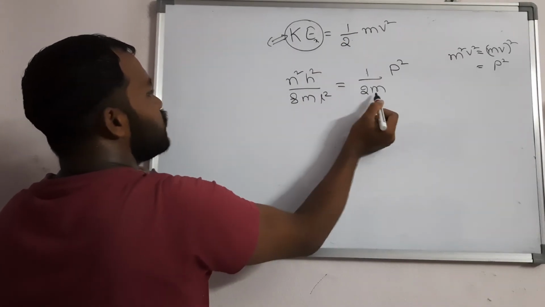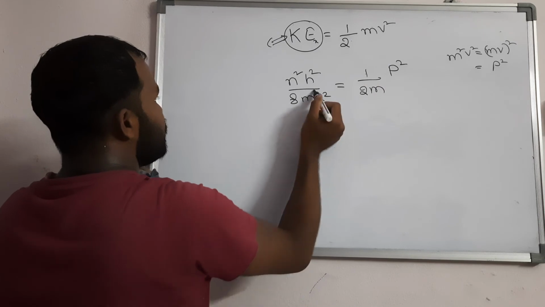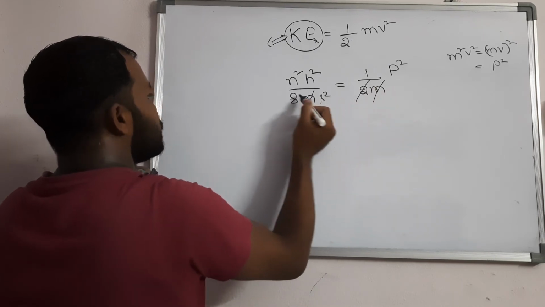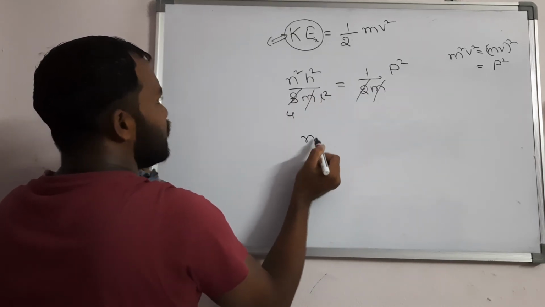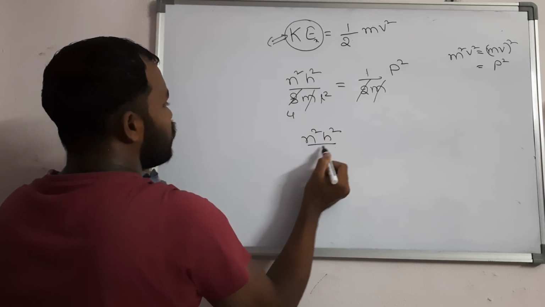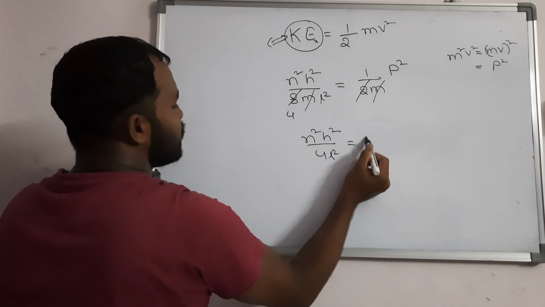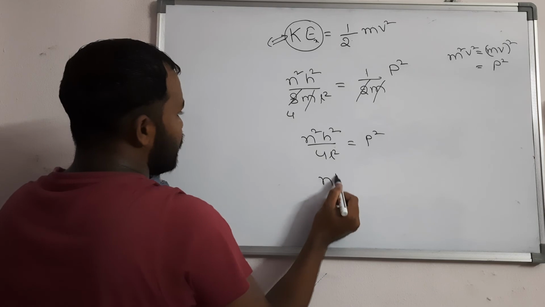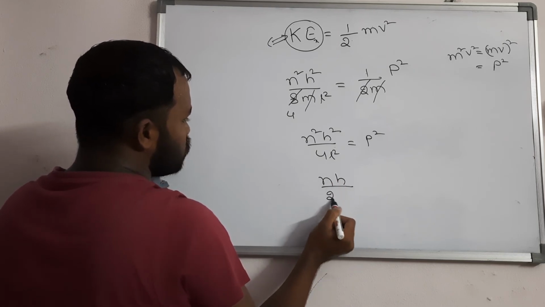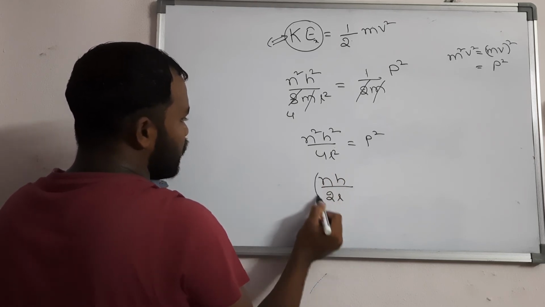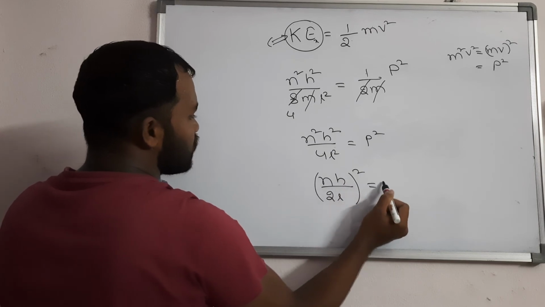So here you will get 2m, that is p². Here m gets cancelled. What you got? n²h² by 4L² is equal to p². So you should write (nh by 2L) whole square, that is equal to p².